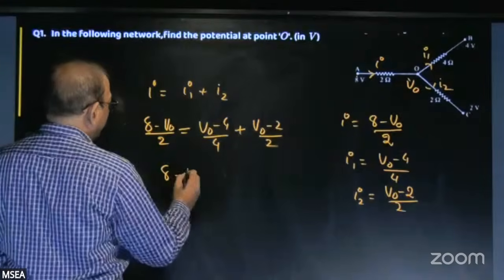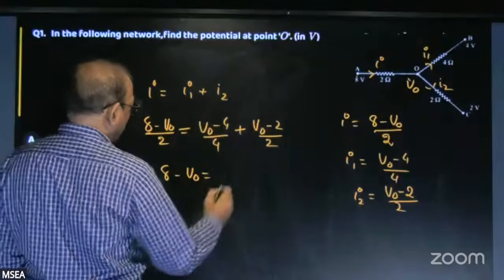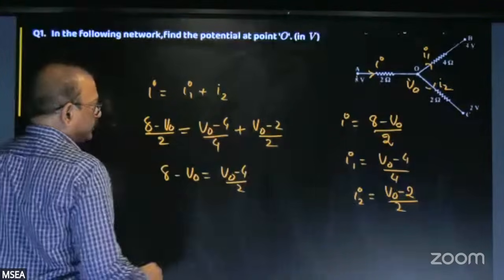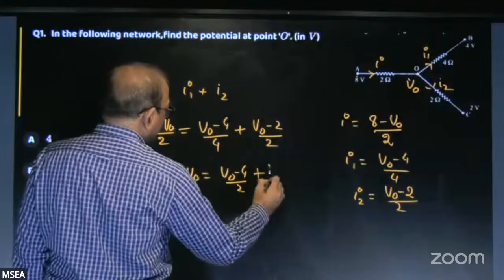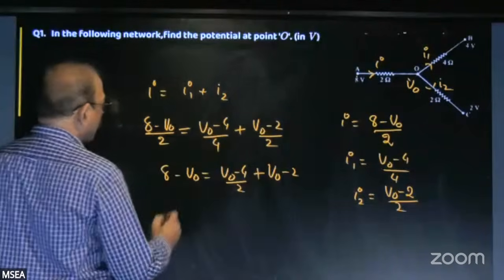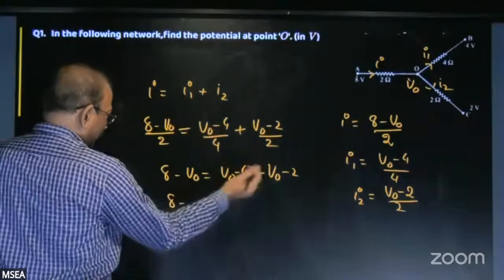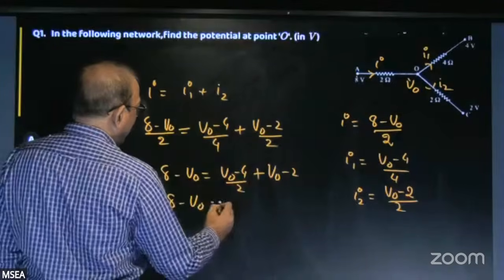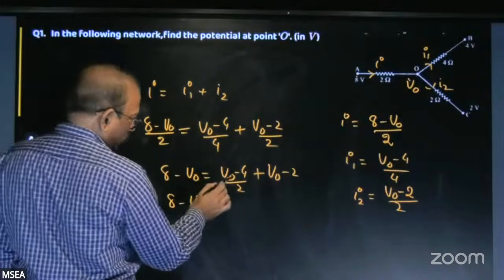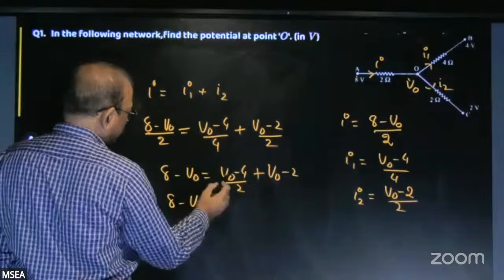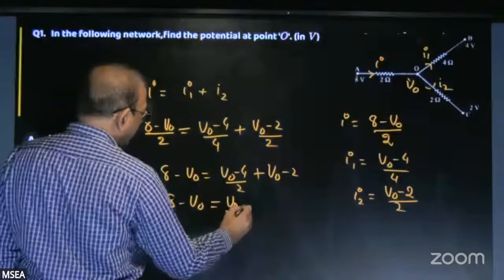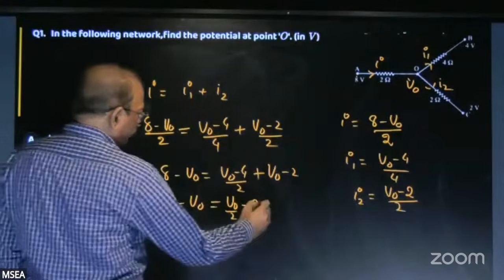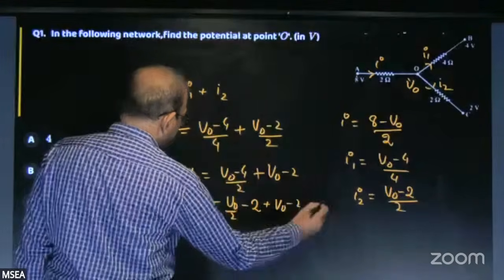I am writing 8 - V0 = (V0 - 4)/2 + V0 - 2. Don't take the LCM here, it will become lengthy. Split it into two fractions: 8 - V0 = V0/2 - 4/2, and 4/2 is 2, plus V0 - 2.